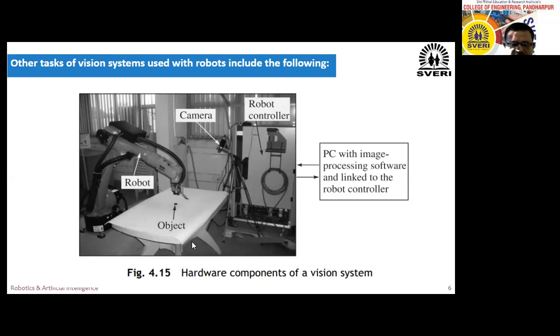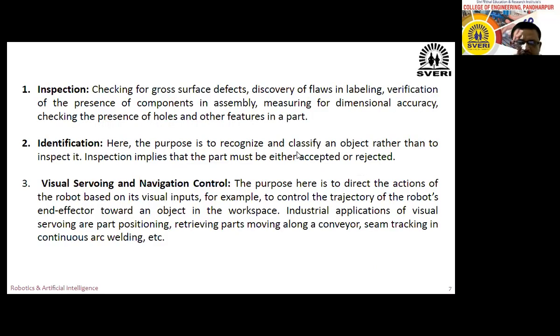All these are the hardware components of the robot's vision system or machine vision system. All of these are linked with image processing software on the PC, and that PC is linked to the robot controller. The different tasks performed by the robot vision system or machine vision system are as follows.